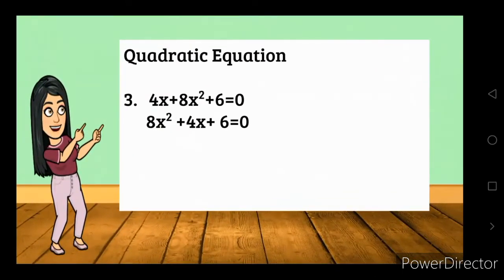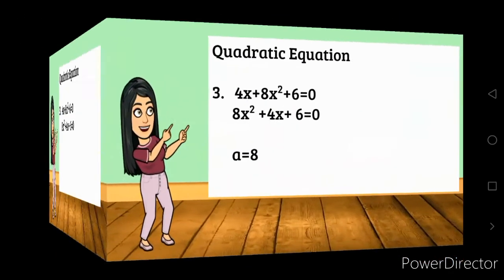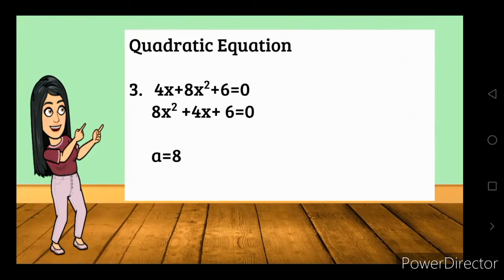Then the constant term is positive 6. So our quadratic equation in standard form is 8x squared plus 4x plus 6 is equal to 0, where a is equal to 8, b is equal to positive 4, and c is equal to positive 6.